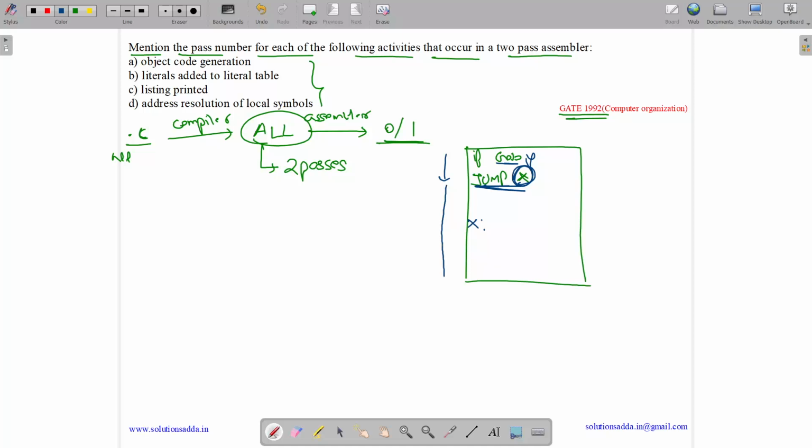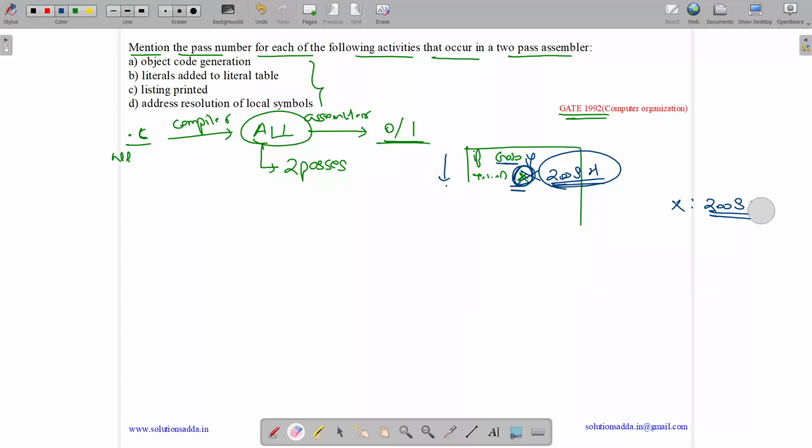So we first make one pass and then we do the back patching in the second pass, which means after the first pass we store that X was mapped to, let us suppose, address 2008 in hexadecimal. Then in the second pass we replace this X by 2008 in hexadecimal. This is called backpatching. So thus we need two passes of our assembler.